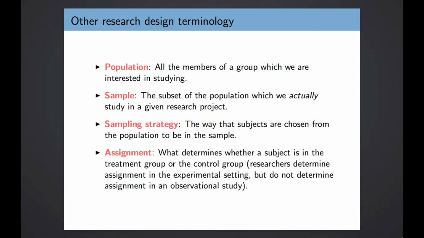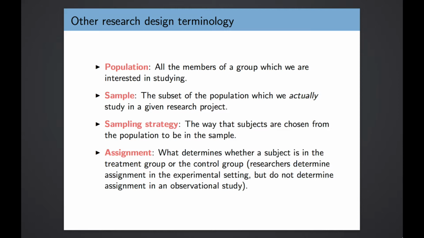So what I'm going to do is give that survey to some people in the United States. Those people that I give the survey to, that's my sample. Those are the people that I'm actually going to be able to study. And what I hope is that by studying my sample, I'm going to be able to say something about the entire population. A sampling strategy is the way that subjects are chosen from the population to be in the sample.